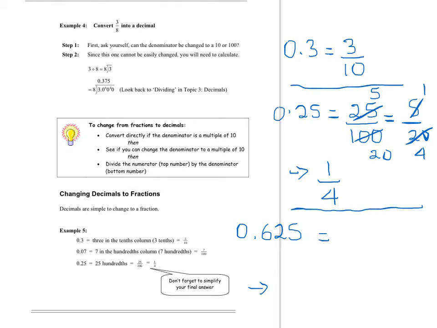You'll rewrite it as 625 over 1000, because the 5 now is in the thousandths position, or in the thousandths place value. See if you can get an answer for this one, which is 5/8 when you simplify.